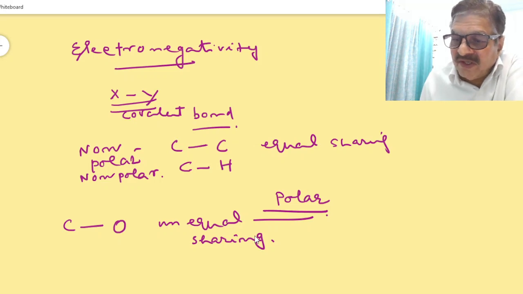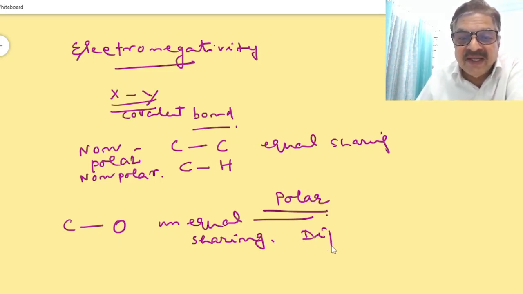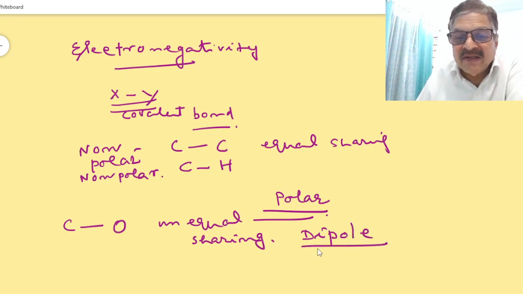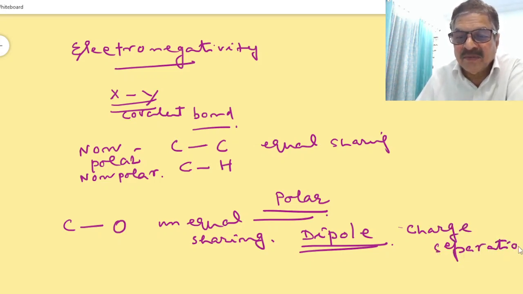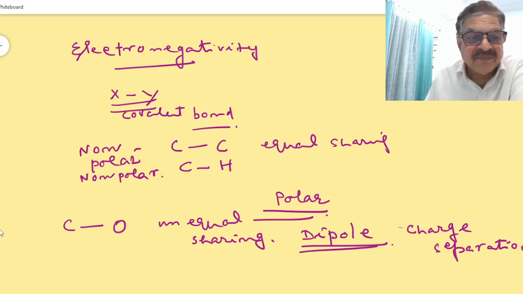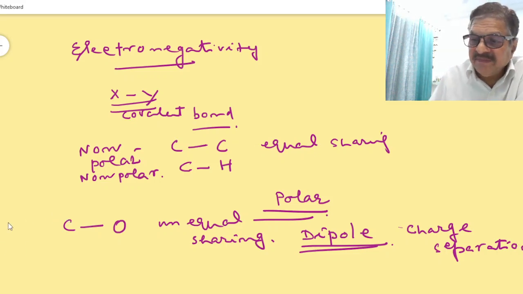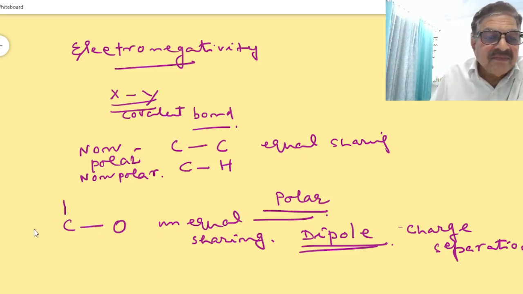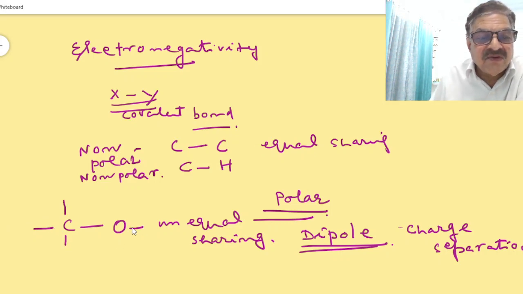The bond is said to have a dipole, that means charge separation. So how will you represent this charge separation? Take this carbon and this oxygen.